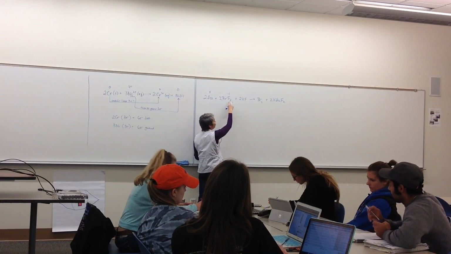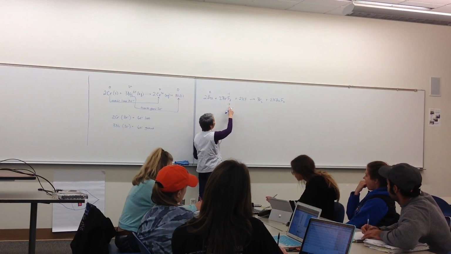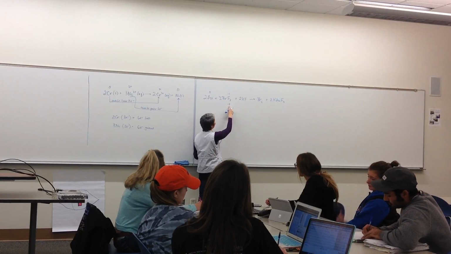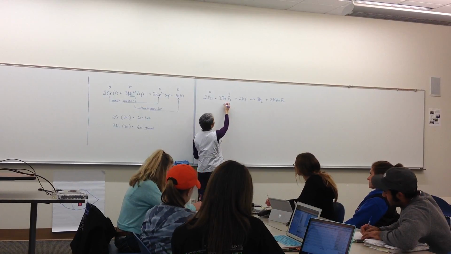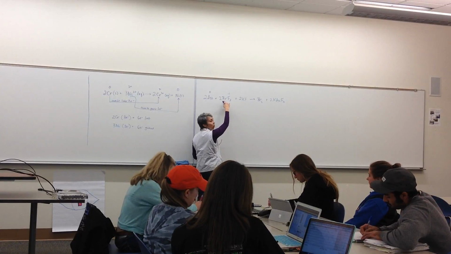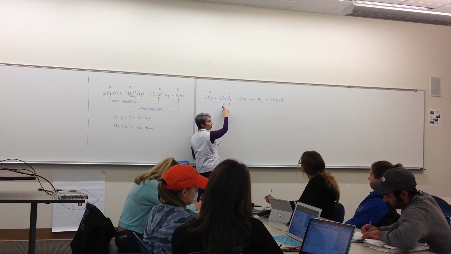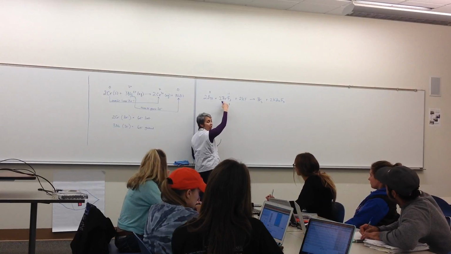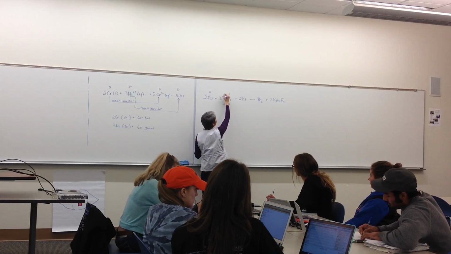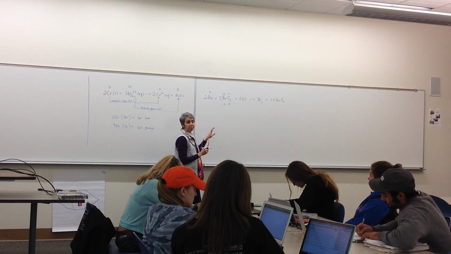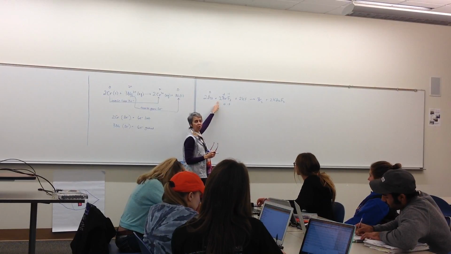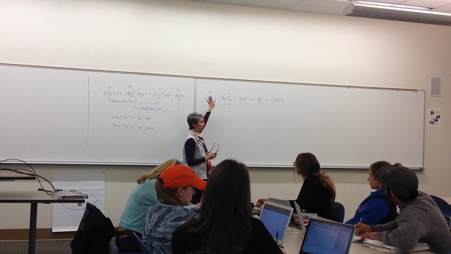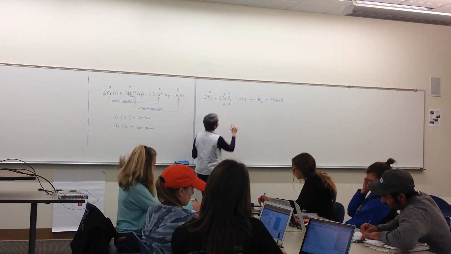This is an overall neutral compound. So if the fluorines contribute -3, what must the bromine contribute? +3. And there's only 1 bromine, so this +3 has to be carried by that 1 bromine all by itself, so the bromine has an oxidation number of +3. Notice that in order to assign oxidation numbers, it doesn't matter what the coefficient out front is, we just ignore that. All right, what's fluorine?